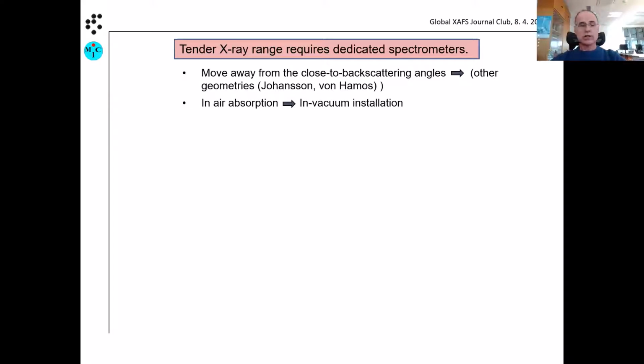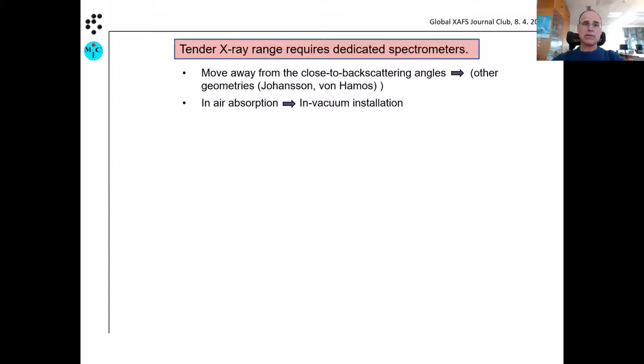But if you want to push it lower, you are limited in the crystal selection simply by the fact that the wavelength is increasing, and you are forced to move away from the backscattering angle. In this case, the Johann spherical crystal might not be the optimum choice, so you need to consider other geometries, typically cylindrical crystals, and absorption also gets very serious. So ideally, one would need to move the whole spectrometer within a vacuum chamber.